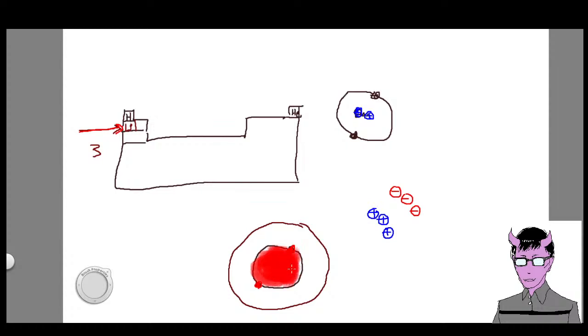concentrated in a small amount of space, they actually push each other apart. It actually causes repulsion. So if you have 1 electron right here and then you have another electron right there, that's 2 electrons, then if you put them in a close spacing, they actually push each other apart. But because there are 3 protons right there, 3 protons is enough to attract those 2 electrons close together.